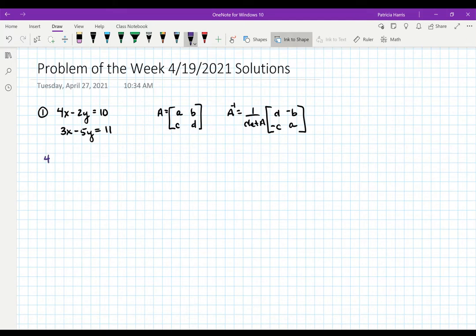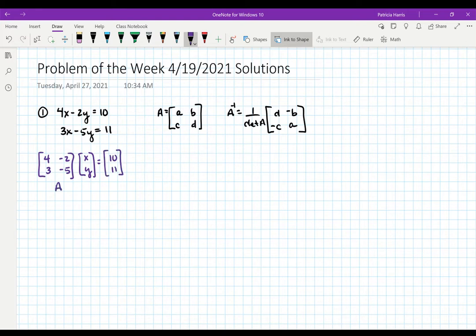We're going to rewrite this as a matrix equation. So there's my coefficient matrix, there's my variable matrix, and there's my constant matrix.